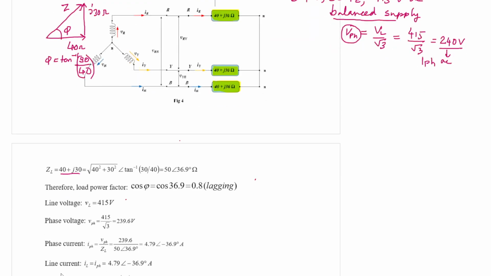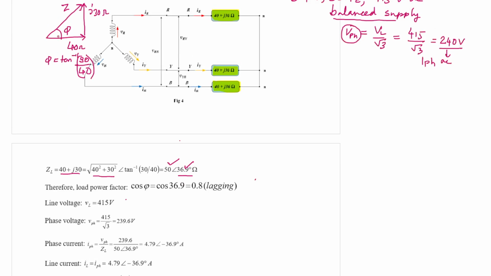Now let us come to the ZL, which is 40 plus J30. Now if you split them into polar form, magnitude is root under 40 square plus 30 square. If you solve, it will be 50. And if you solve phi is equal to tan inverse 30 by 40, it will be 36.9 degree. So ZL becomes this value. So with that, what is power factor?